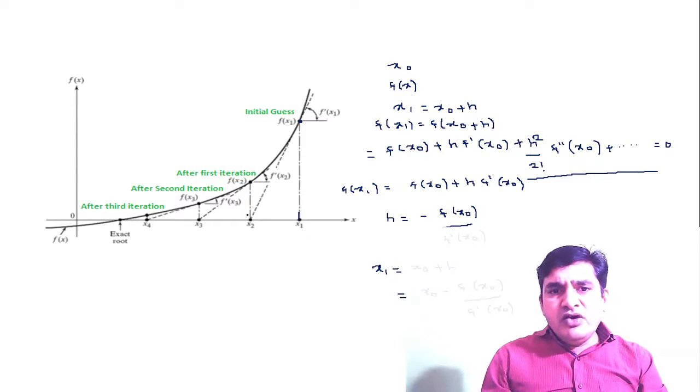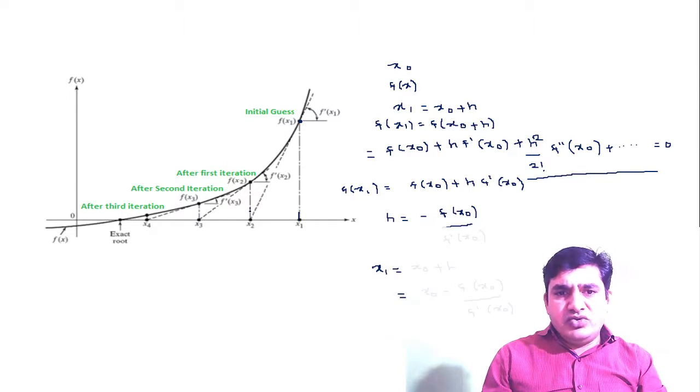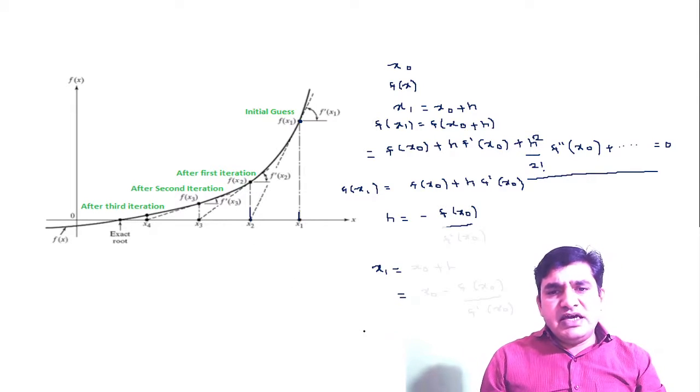Now we have to find the second root, that is x2. So x2 is equal to x1 minus f of x1 divided by f dash of x1.